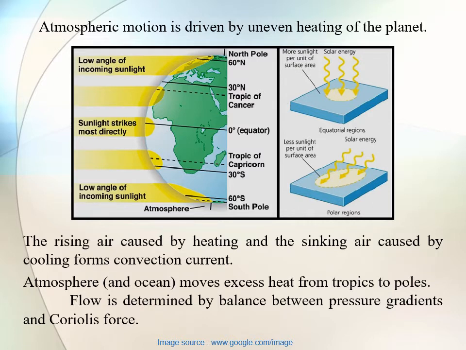So this broad circulation of air from the high pressure zone at the two poles towards the low pressure zone at the equator is mainly governed by the differential heating. But apart from temperature differences, there are some other factors which also affect this broad circulation of wind.